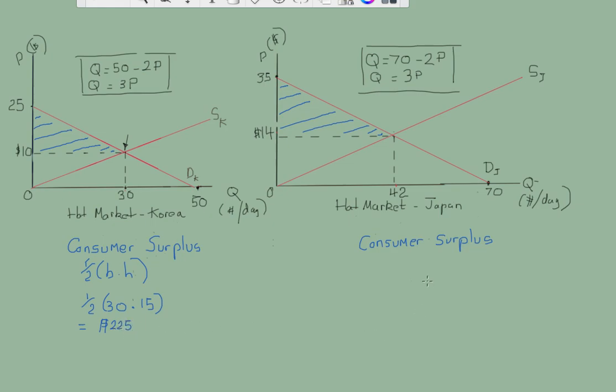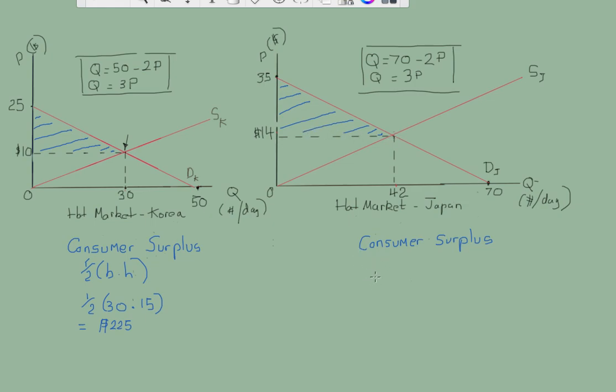Okay, and we can perform the same operation for Japan. So 35 minus 14 is the height of our triangle. That's $21. And then the base of the triangle is $42, and then we're going to multiply that and divide by 2.